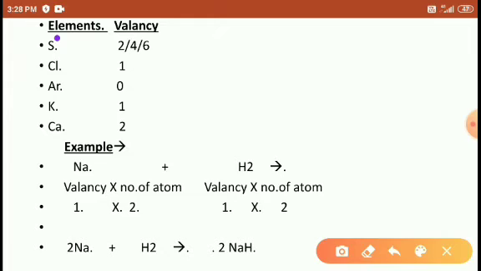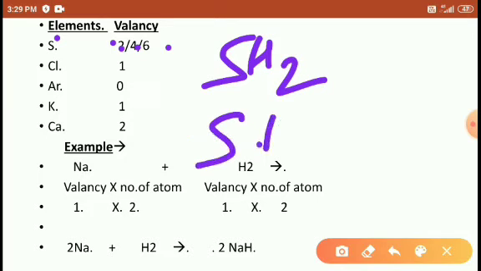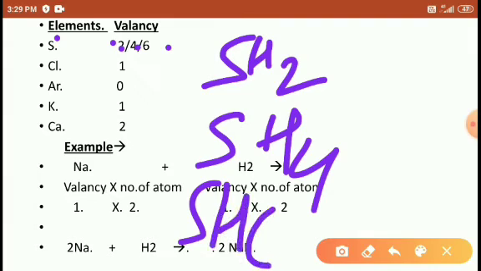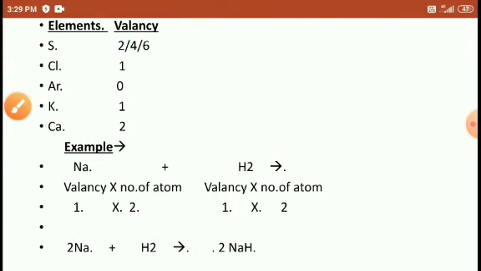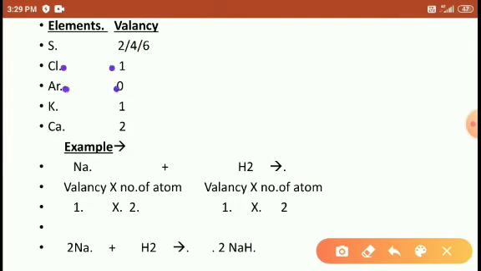Sulfur valency is 2, 4, 6. Sulfur may react with 2 hydrogen, 4 hydrogen, or 6 hydrogen. Right, students? Chlorine valency 1, argon valency 0, potassium valency 1, calcium valency 2.